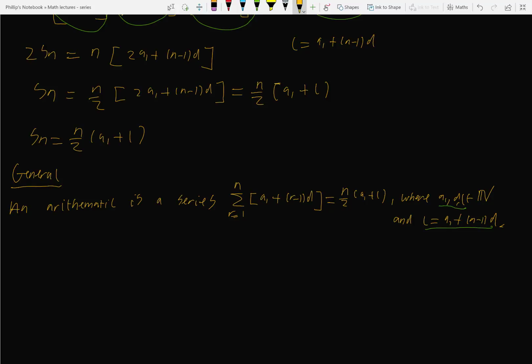And we can also say d is equal to the common difference again. And there you go. That's a different way of defining an arithmetic series.